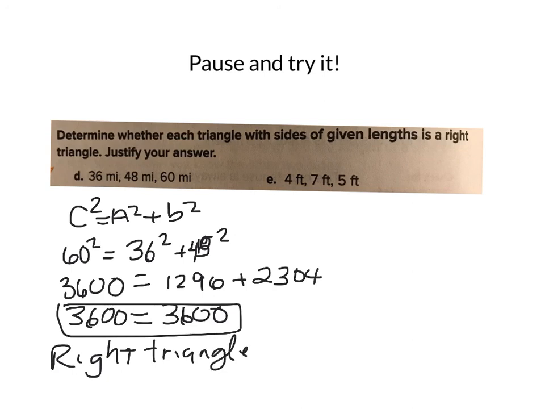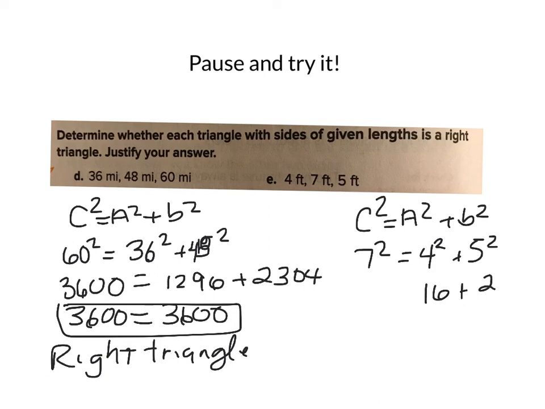If you tried this other one, we can do that one really quickly too. C squared equals A squared plus B squared. 7 is my longest, or my hypotenuse. 4 squared plus 5 squared. 16 plus 25 equals 41.